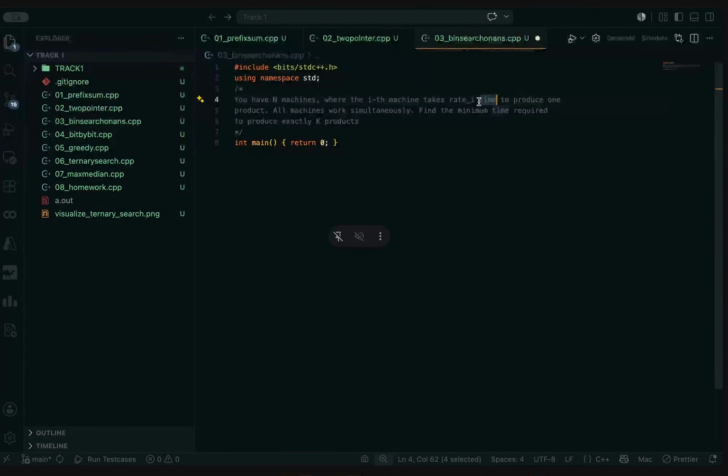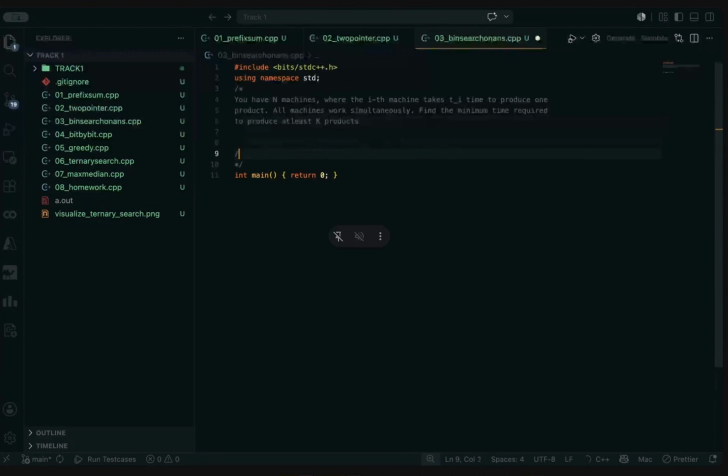That is, it takes Ti time to produce one product, and each of these machines has its own specified rate of production. You want to find the minimum time in which these machines, while working together, produce at least k products, right?